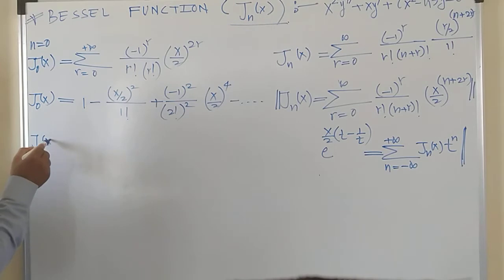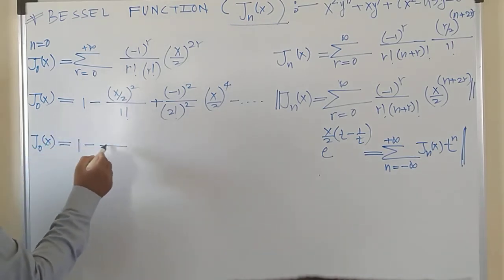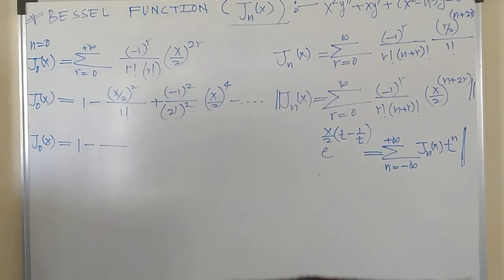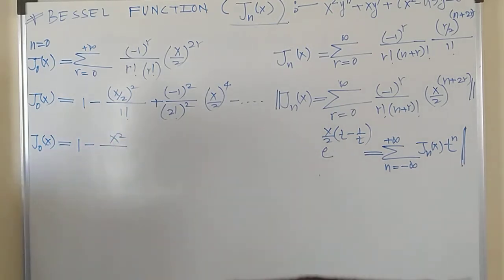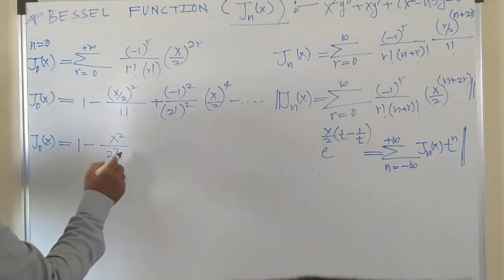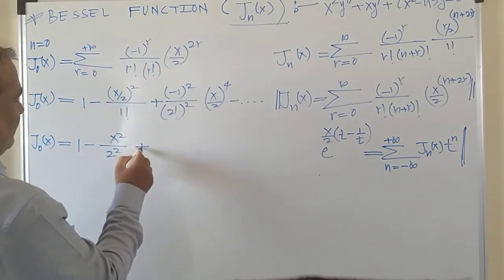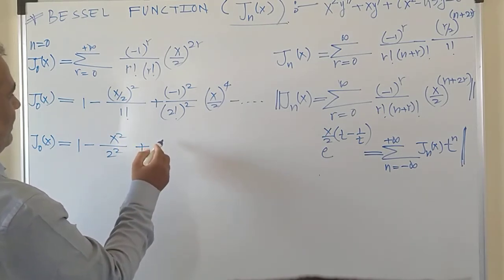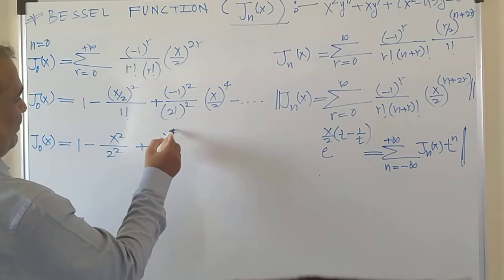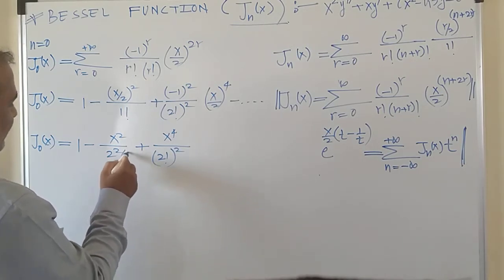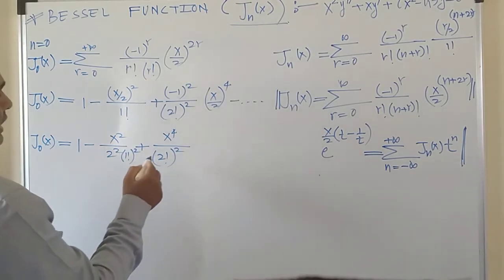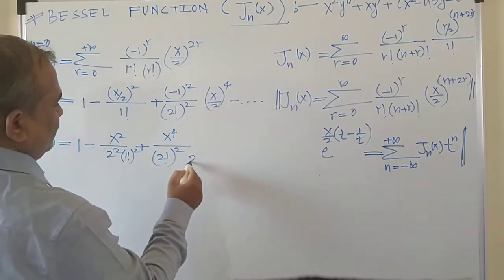And thus finally you will get J naught of x equals 1 minus 1 upon 1 factorial square, x square divided by 2 square, plus, of course here you get the plus sign, x raised to power 4 divided by 2 factorial square into 2 raised to power 4.